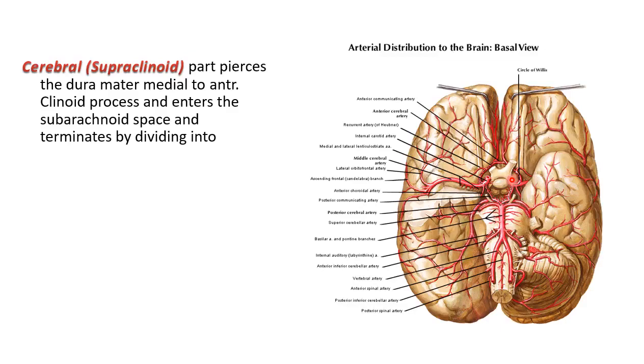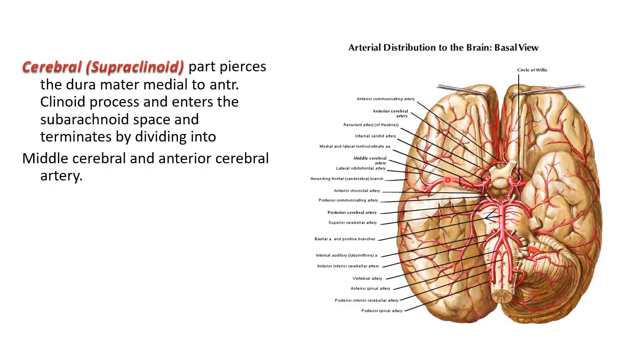The two terminal branches of the cerebral part of the internal carotid artery are the anterior cerebral artery and the middle cerebral artery. Of these two, the middle cerebral artery is the larger terminal branch. So the cerebral part divides into the anterior cerebral artery and the middle cerebral artery.